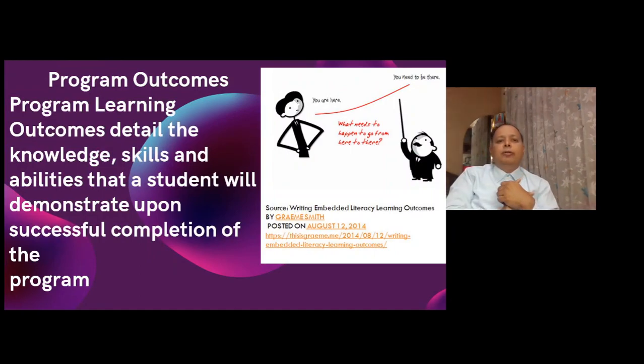As I told you, the program outcomes are very important. You can see this particular image. Whatever is shown in this image is a sort of infographic. A student is somewhere at this particular point, and the student wants to move further in his career to some other point.